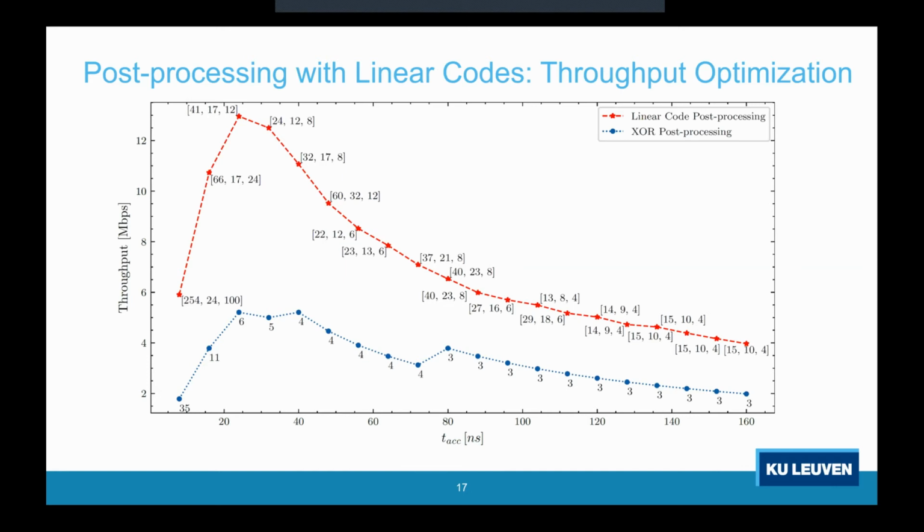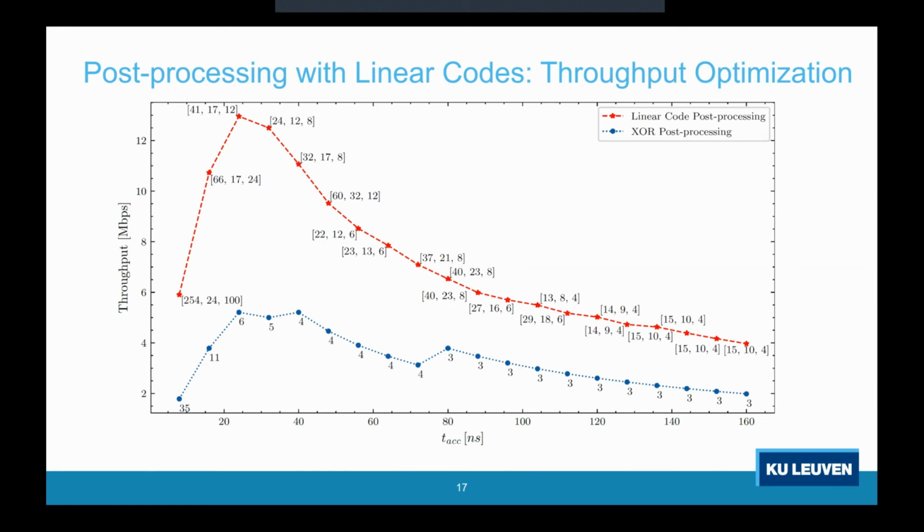For this, we use a generator matrix of a [411, 712] code. The second highest throughput, however, is 12.5 megabits per second, so a bit lower, which is achieved with the generator matrix of a [241, 28] code.